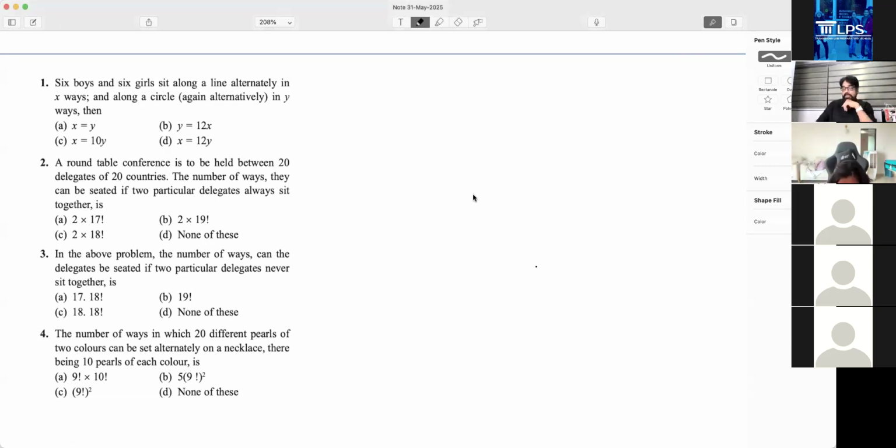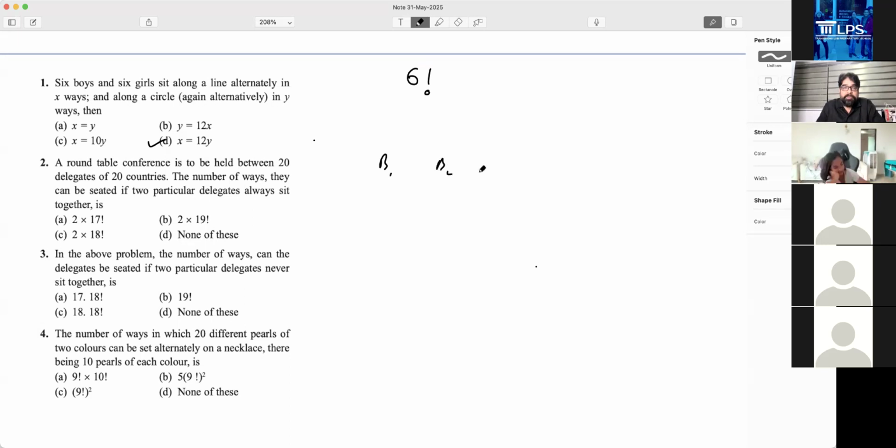First question answer is D. Let's do this one. 6 boys and 6 girls sit along a line alternately. Means if they are sitting in a line, 6 boys can be arranged in 6 factorial ways. And once you arrange the 6 boys, there are 7 places. In those 7 places, we have to fill the 6 girls because they are going to sit alternately.